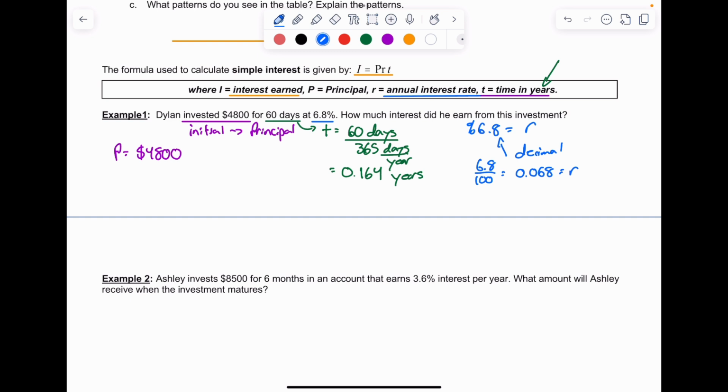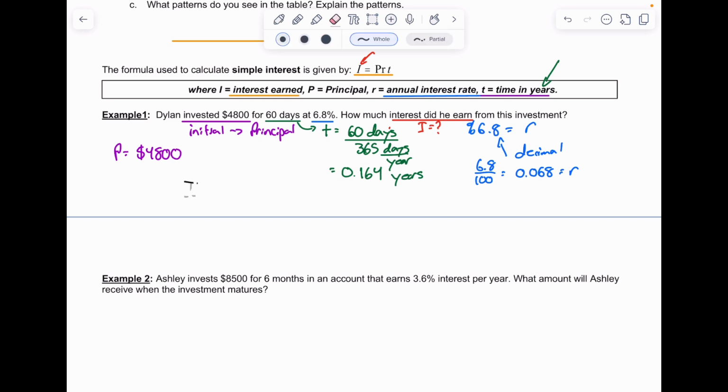That is the number you are going to be using. And then the last thing, reading the question, is how much interest did he earn from this investment? Well, that's looking for I. That tells you I is our question mark. We're looking for that.